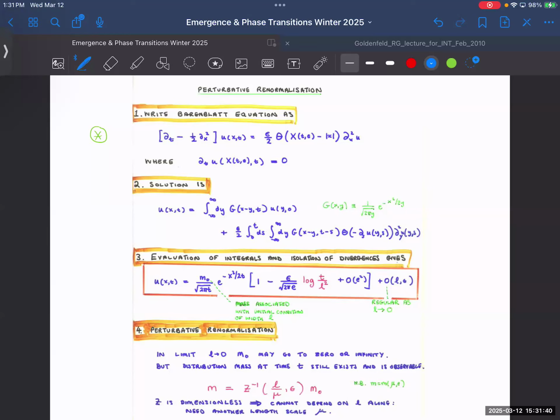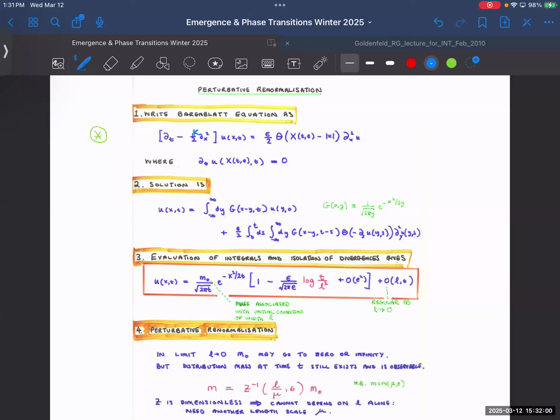I've just got my kappa sitting in here. But when epsilon is non-zero, and this Heaviside function is positive, then my diffusion coefficient changes by an amount, and I've written that dx squared u term as an inhomogeneous term on the right-hand side.